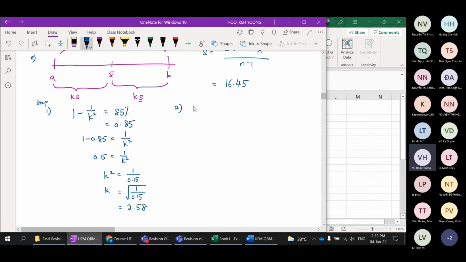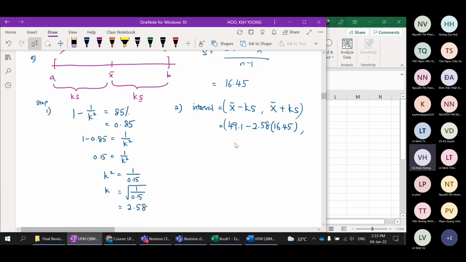So the interval will be equal to the sample mean minus k times the sample standard deviation, and then the sample mean plus k times the sample standard deviation. The sample mean is 49.1, minus k times s, where s is 14.45.